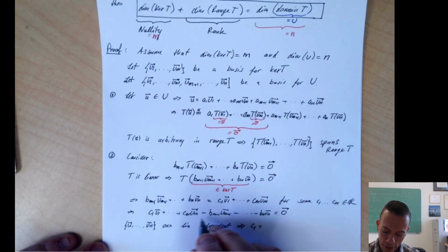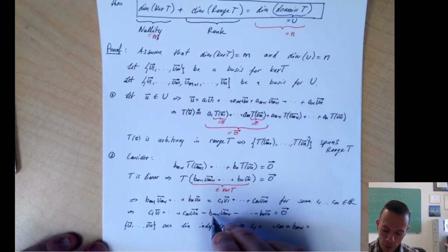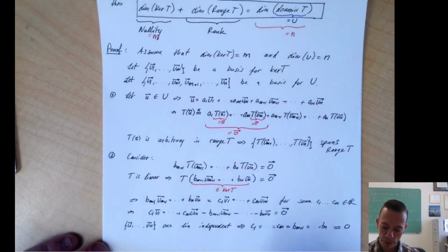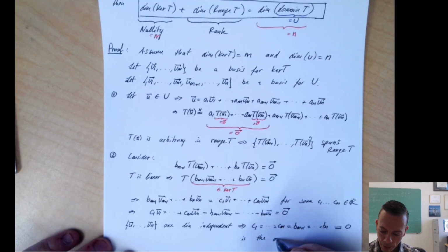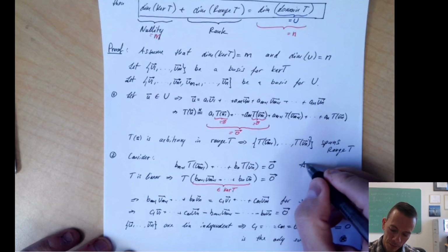So c1 and c2 and all the way to cm and b_{m+1} and b_{m+2} all the way to bn must equal 0. This is the only solution to this equation that we had written up here.